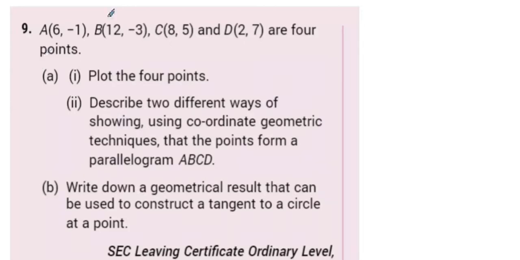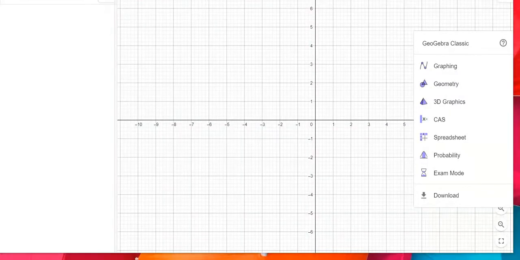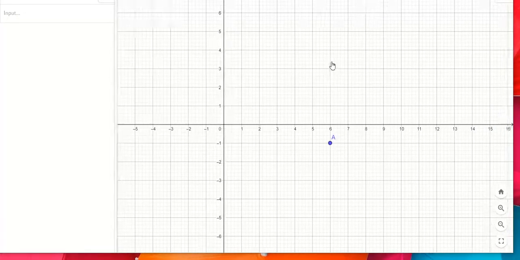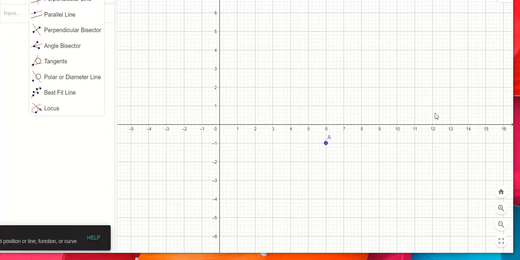Okay. And D. Okay. Now, lads, I'm going to link this up with line segments like so. And to me, it definitely looks like a parallelogram. Everybody have to draw that, okay?